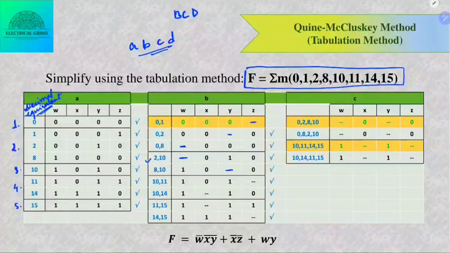After careful consideration and matching, we have finally obtained these positions. Now we will see whichever term has no other matching term possible, and that we will consider as the prime implicant.